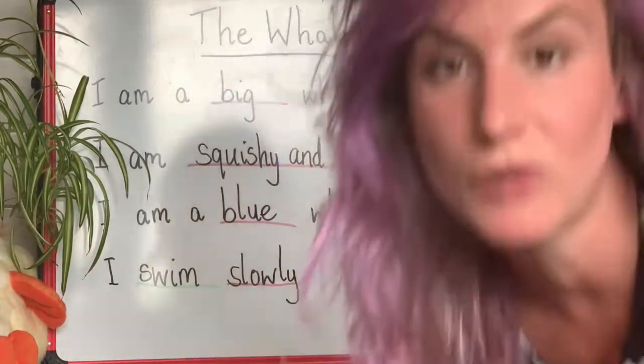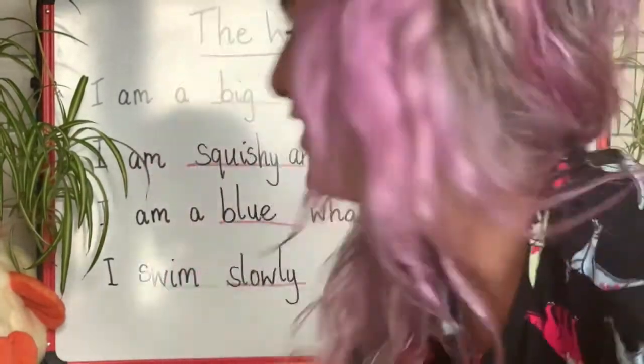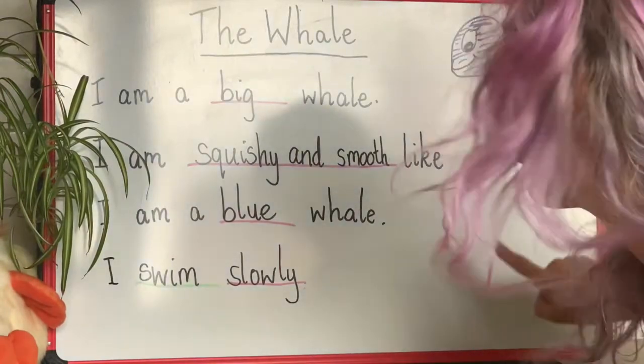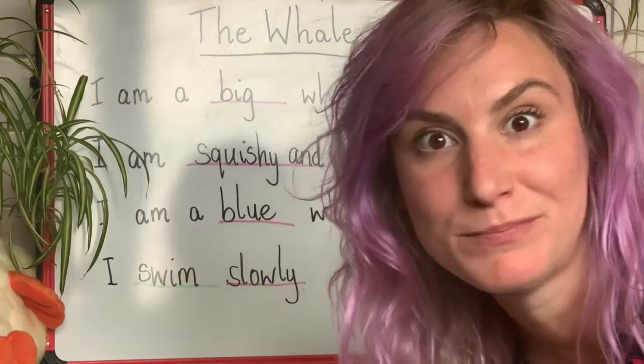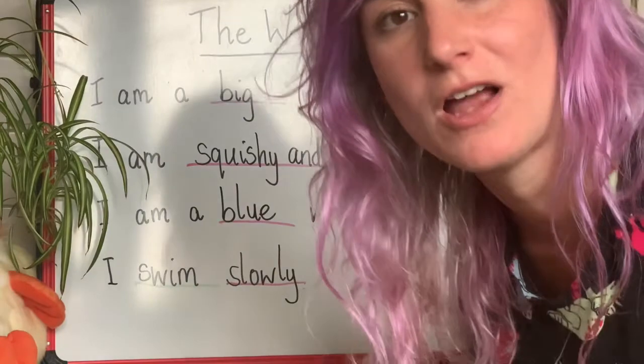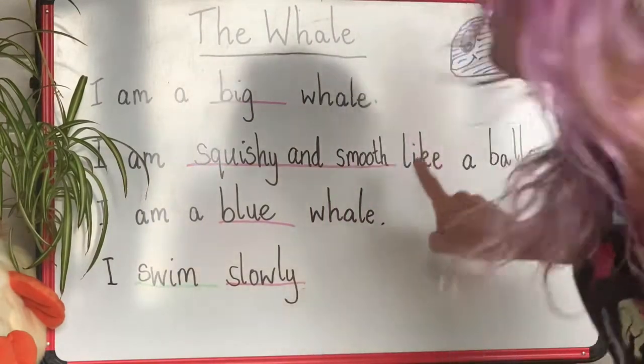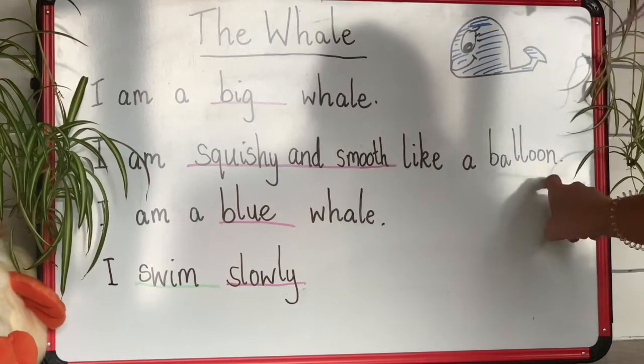Now this is the trickiest part of writing your poem, okay? I'm going to try and make line 2 and line 4 rhyme. So I'm going to look at the word that I have used at the end of line 2. Balloon. And I need now to think of a word that rhymes with balloon.